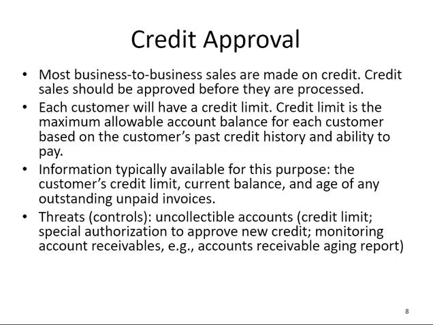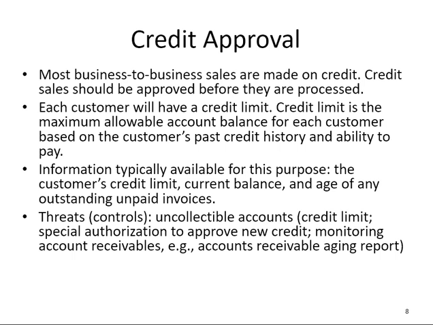So the threat and controls, right? For the credit approval, the threat is uncollectible accounts. So what are the controls that can mitigate these risks? We have the credit limit. We have talked about the credit limit already.